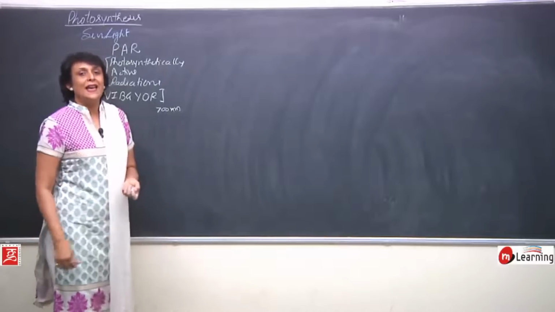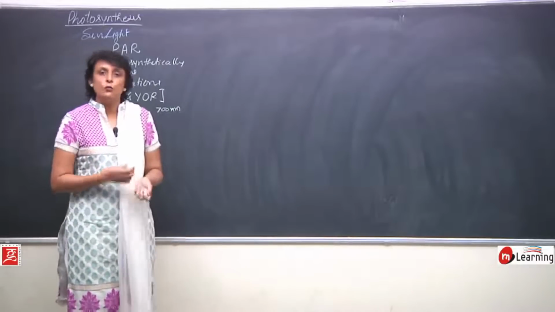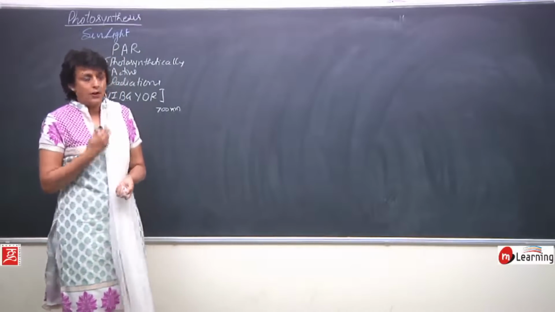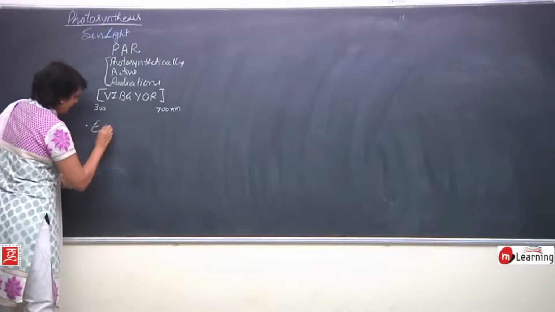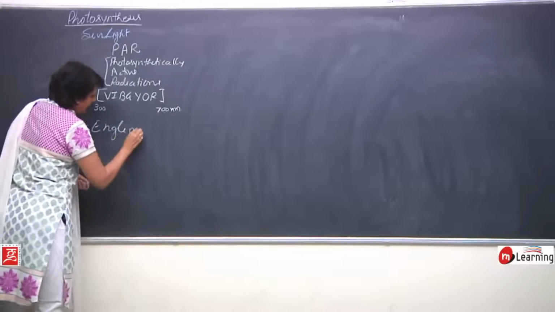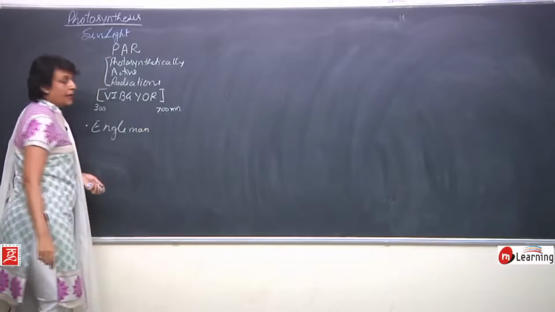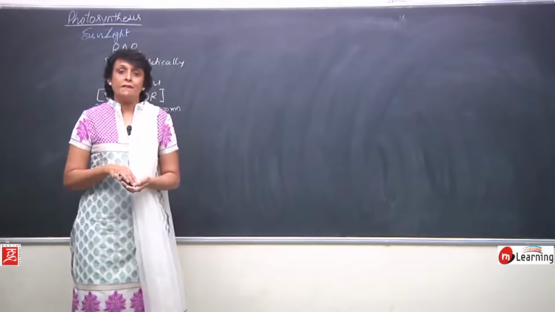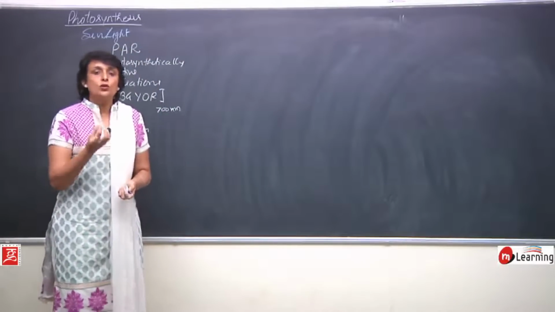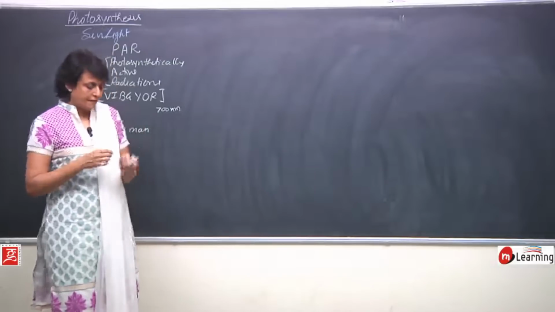Scientists performed experiments to find out which wavelength is important. One scientist, Engelmann, he performed a very simple experiment to see which wavelength is the most important or most effective wavelength.